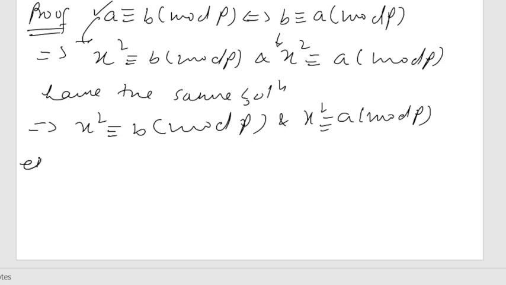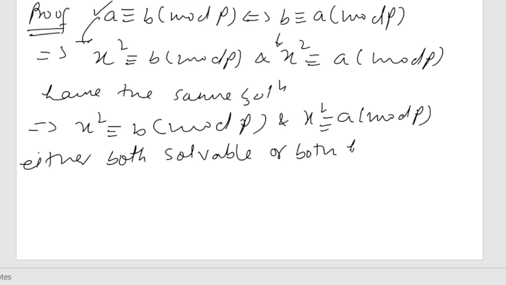Either both are solvable, meaning they have a solution, or both are not solvable.